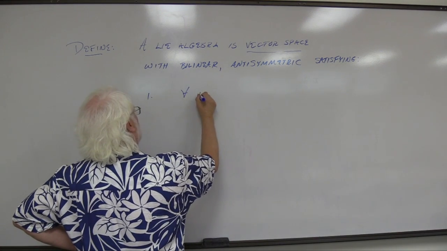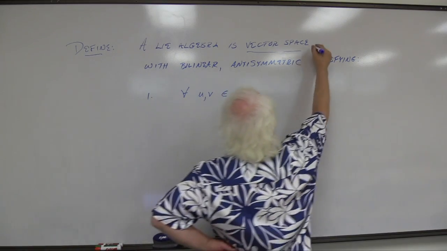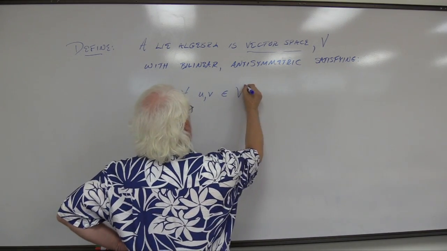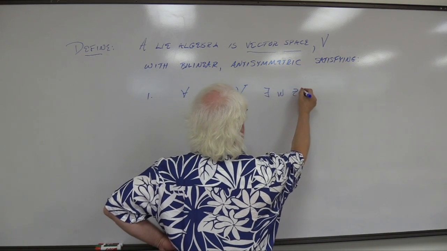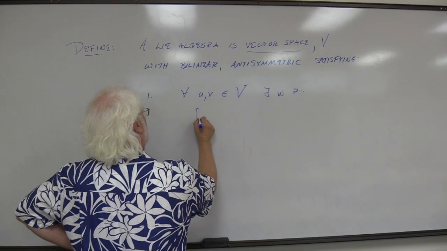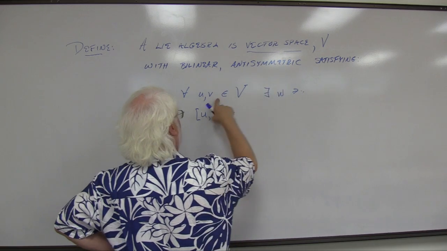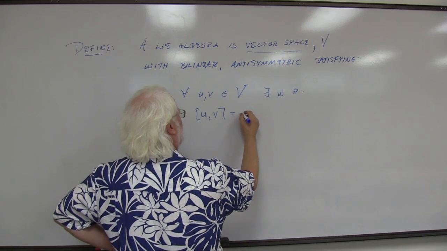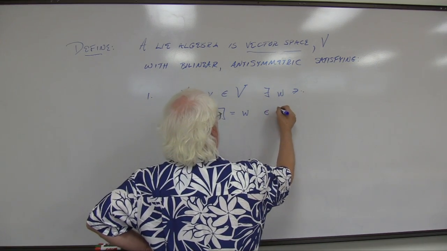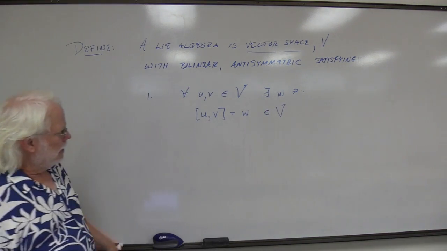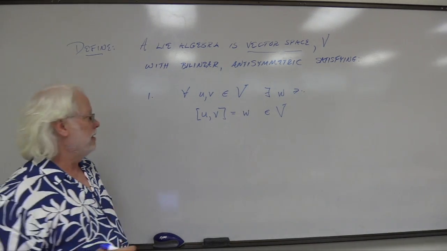So for all U and V in the Lie algebra, big V, there exists W such that this anti-symmetric product, V for the vector space, little v for an element, is going to be that W, element of V. So an anti-symmetric linear product that closes back into V.